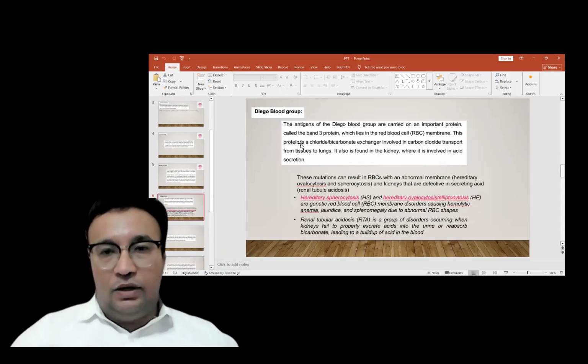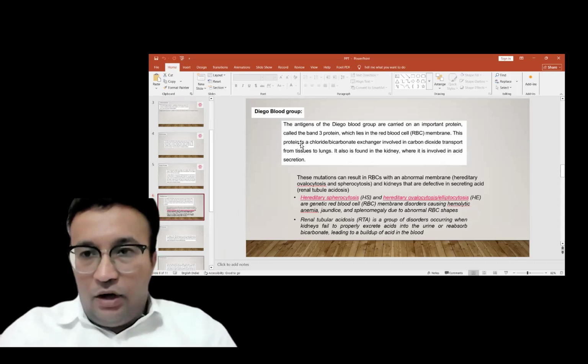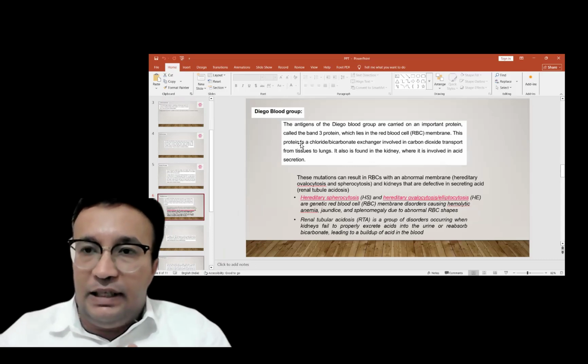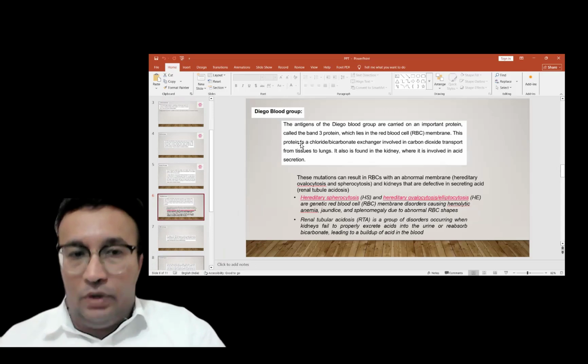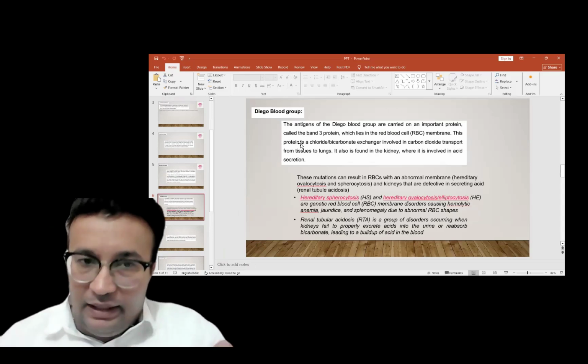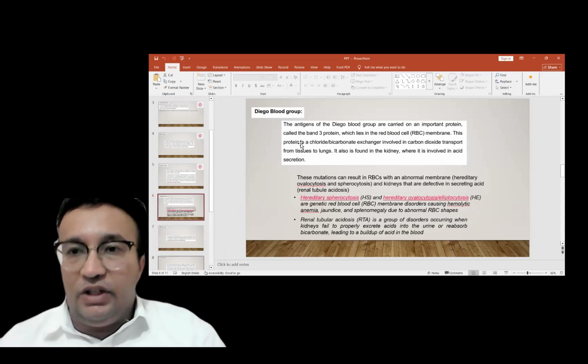So Diego blood group is again present on the RBC membrane. It is associated with a specialized protein on the RBC membrane that is called band 3 protein. And this antigen along with the protein has an important function as a chloride-bicarbonate exchanger.